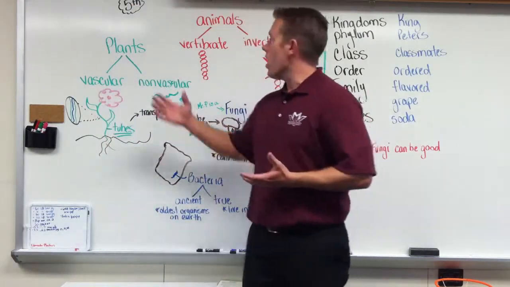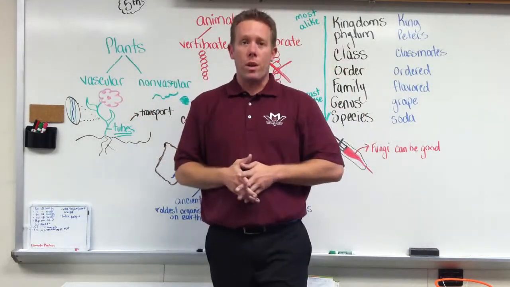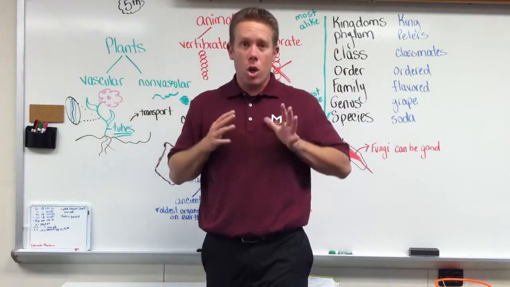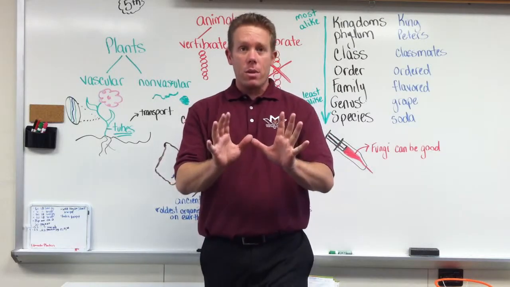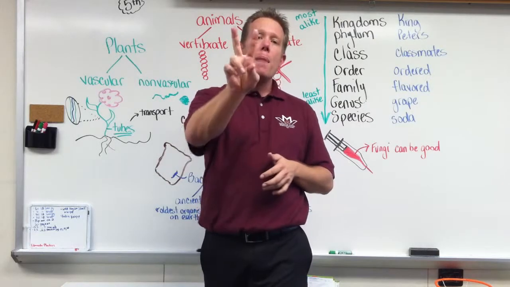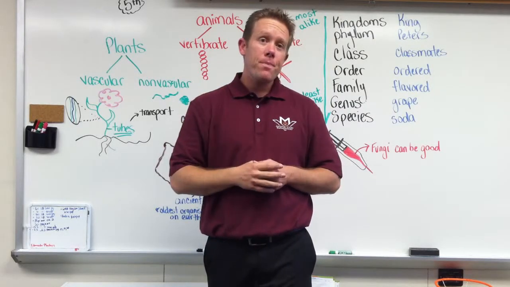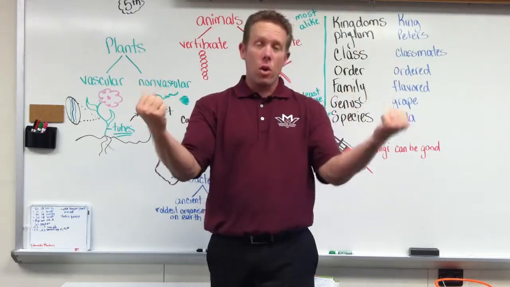First thing you need to know is that plants can be broken up into two categories. Just like as a teacher, when I walk into the classroom, I can divide my class into two main groups. What two main groups? Boys and girls.